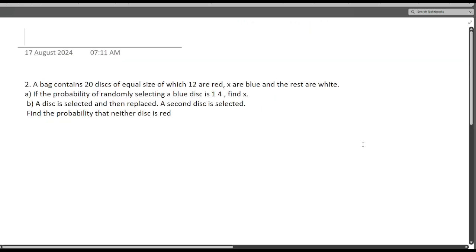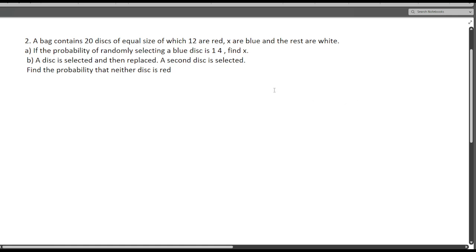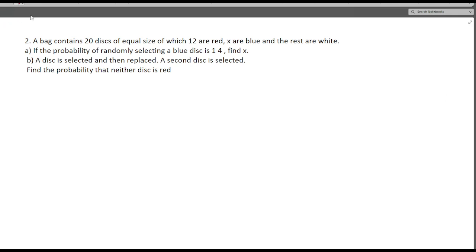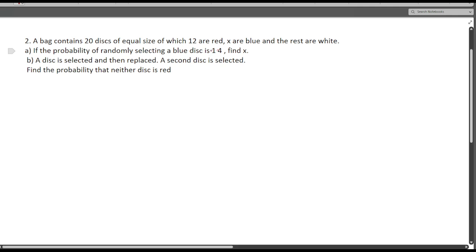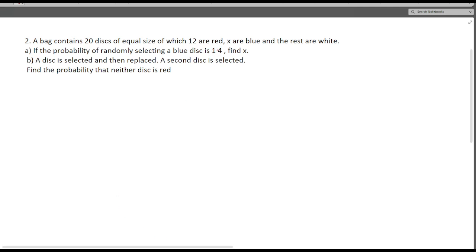Next question. A bag contains 20 discs of equal size, of which 12 are red, X are blue and the rest are white. If the probability of randomly selecting a blue disc is 0.14, I think it should be 0.14. There is some typing error. Let me check.